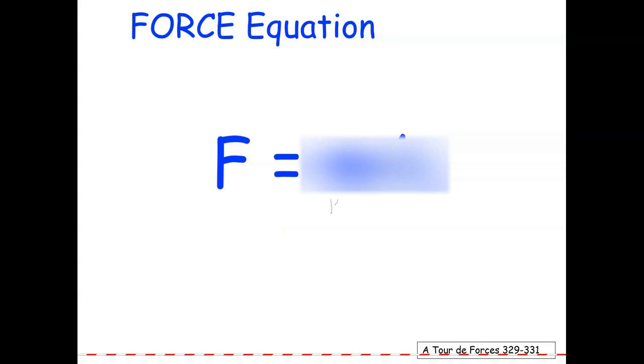The equation for force is force equals mass times acceleration. Remember that mass is measured in kilograms and the units for acceleration are meters per second squared. And that acceleration is the change in velocity.